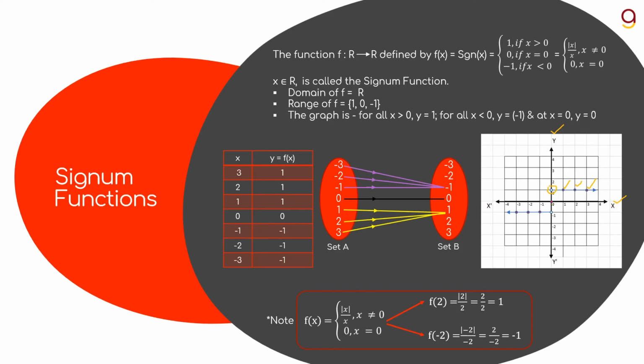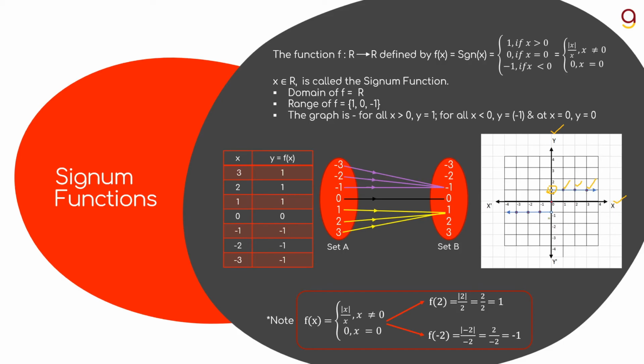Why? Because at x is equal to 0, y is equal to 0. It can't be equal to 1. But if x is any positive number other than 0, it may be 0.1, 0.2, any number other than 0, then y will always be 1.